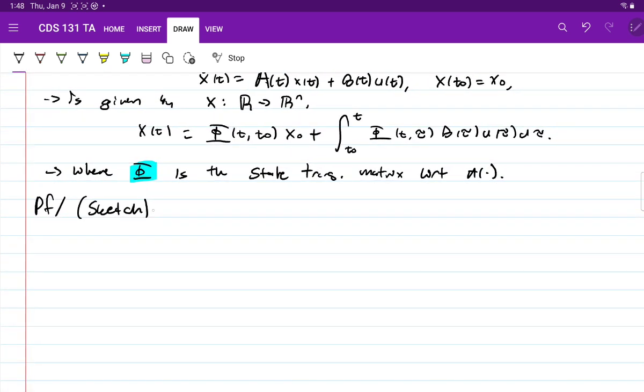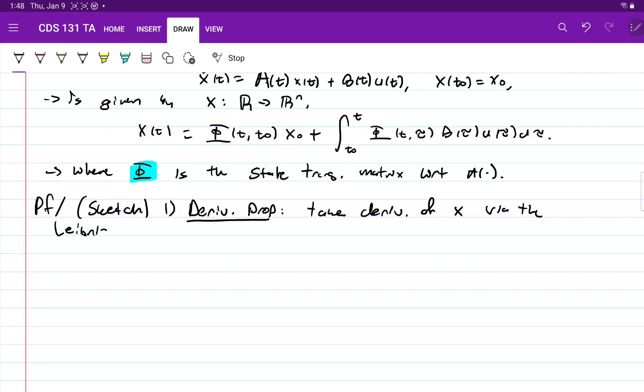All right? So the easiest way to prove that this solution holds is to go with this differentiation route. So first you would verify the derivative property. You would take the derivative of x at a point at which the data is continuous, and you would do this via the Leibniz rule for differentiation under the integral sign.